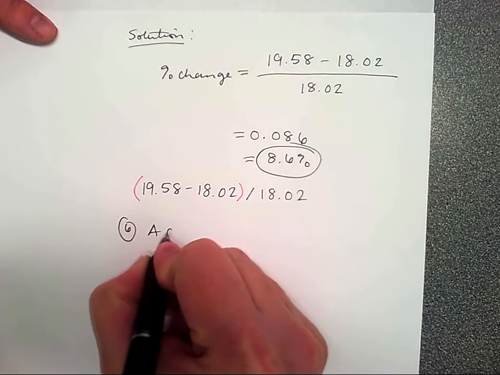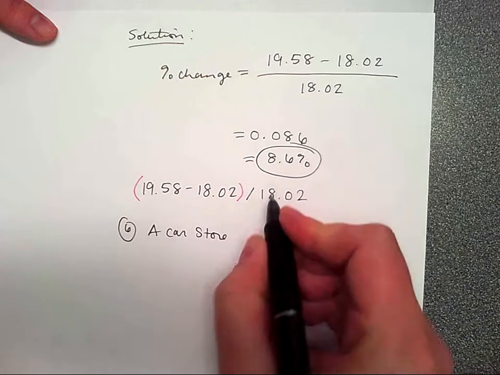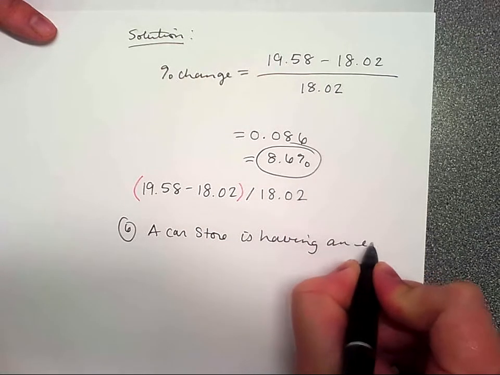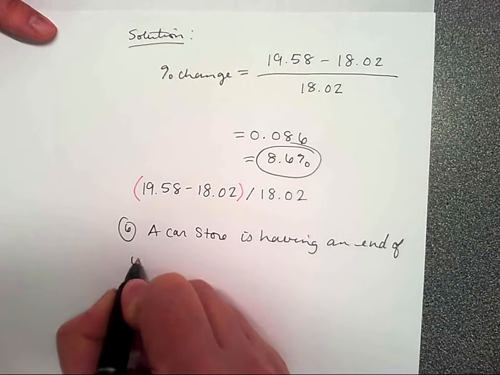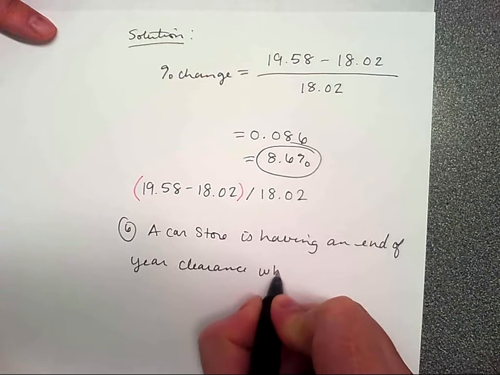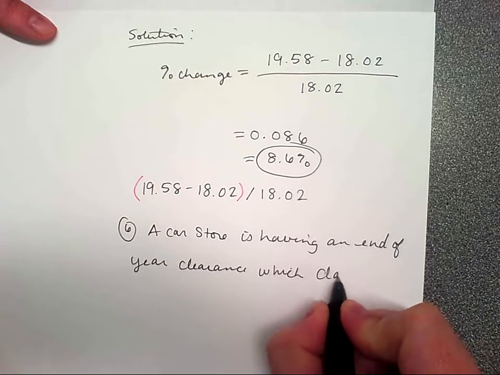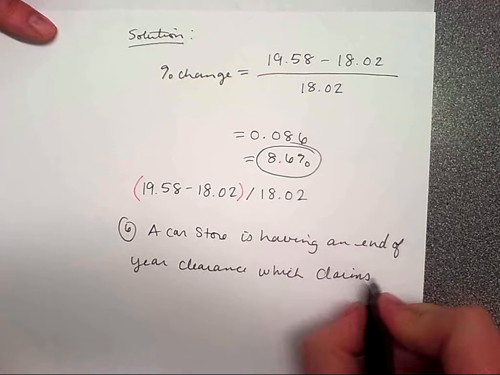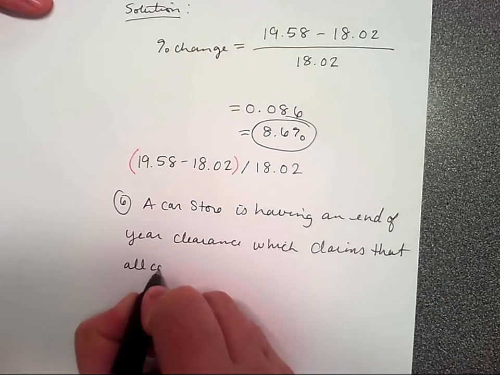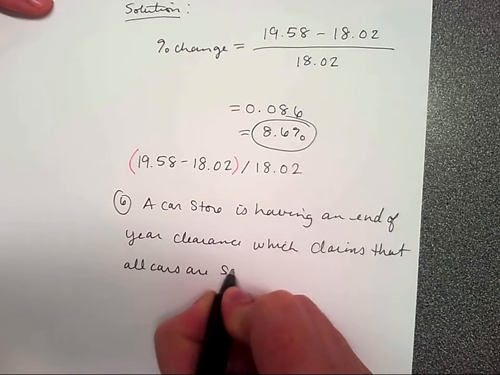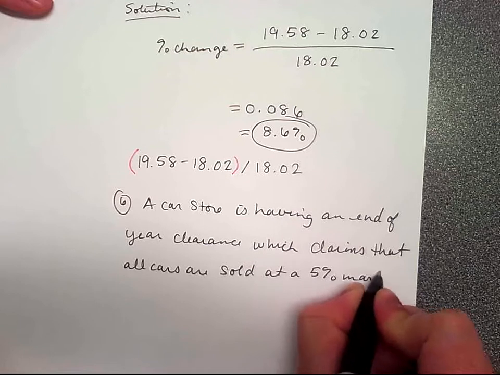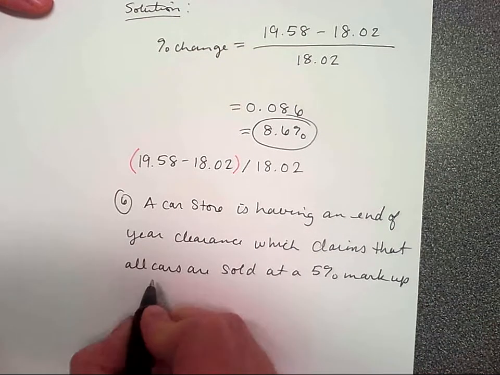So a car dealership is having an end of year clearance, which claims that all cars are sold at a 5% markup over the dealer's cost.